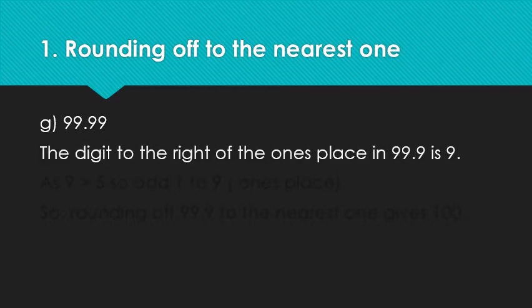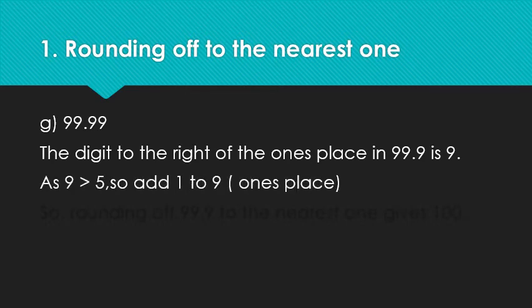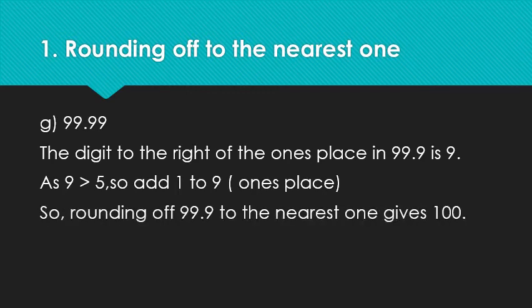And the digit to the right of the ones place in 99.99 is 9. As 9 is greater than 5, we will add 1 to 9, that is, the digit at the ones place. So, rounding off 99.99 to the nearest one will give the number 100.